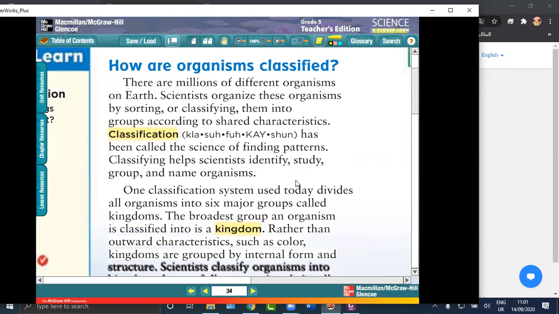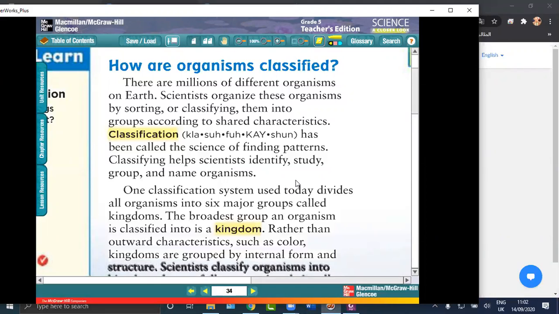How can we arrange living things? By similarities or differences? Similarities.